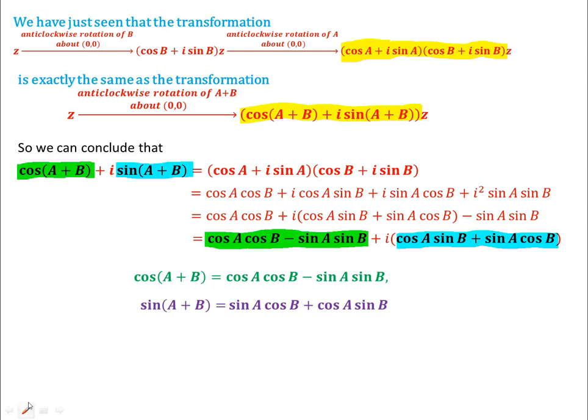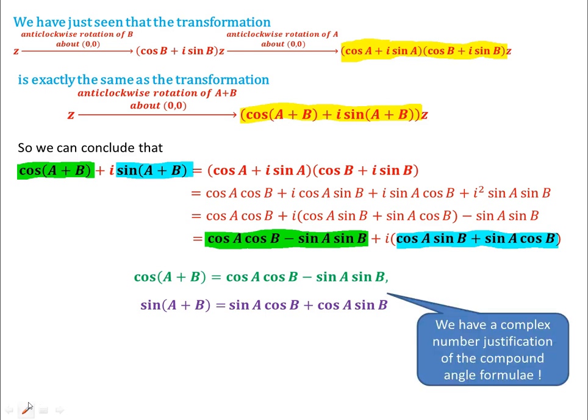So what we've got there is a complex number justification of a result that you may have already met, known as the compound angle formulae. And we're going to need the compound angle formulae in our next video, which is why we needed to have seen them in this video.